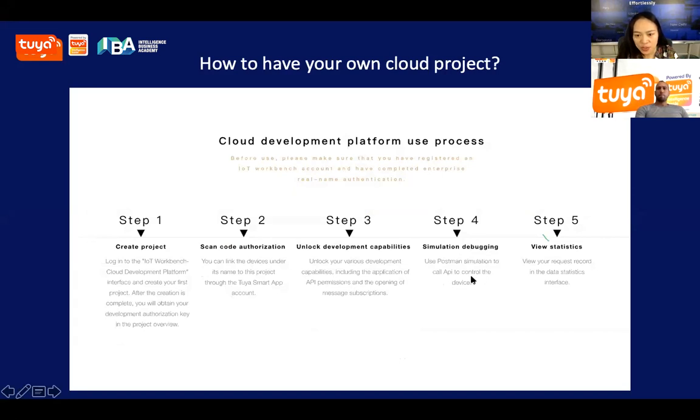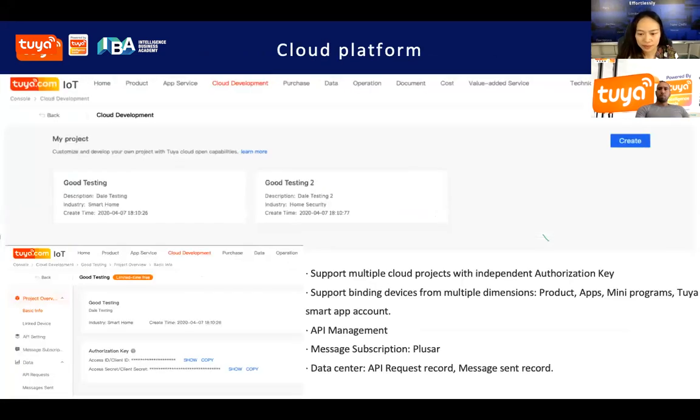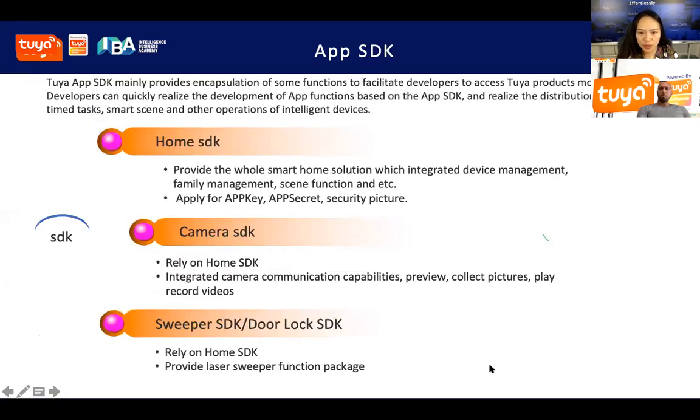You can use Postman to call all the APIs to realize the device control. Here are some screenshots, which I just gave the demonstration of the building process. We can support multiple cloud projects with independent authorization keys. This one we have already passed.